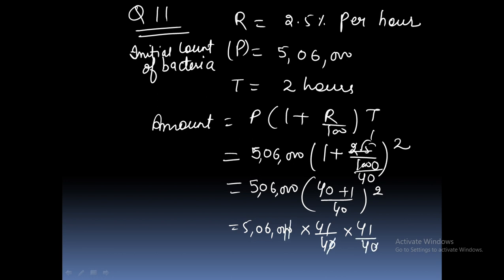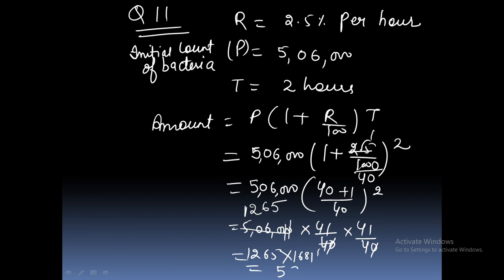Zeros cut with zeros, then divide by 4. When we divide by 4, we calculate 5060: 4 ones are 4, 4 twos are 8, 2 remainder, 4 6 are 24, 2 remainder, 4 5 are 20. 1265. 1265 multiply 41 into 41, after calculating it will be 1681.